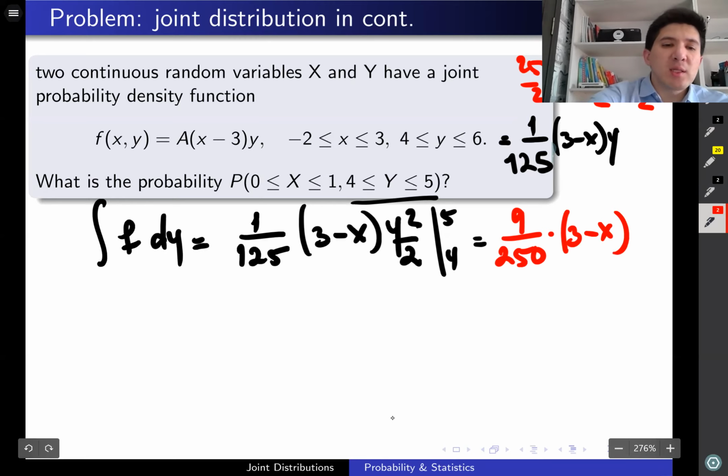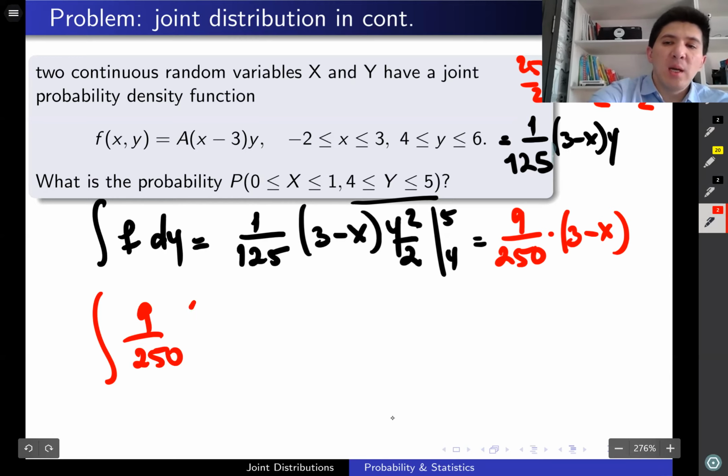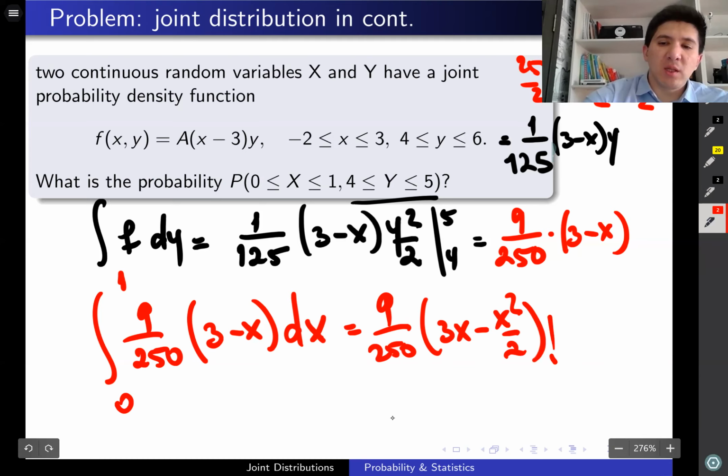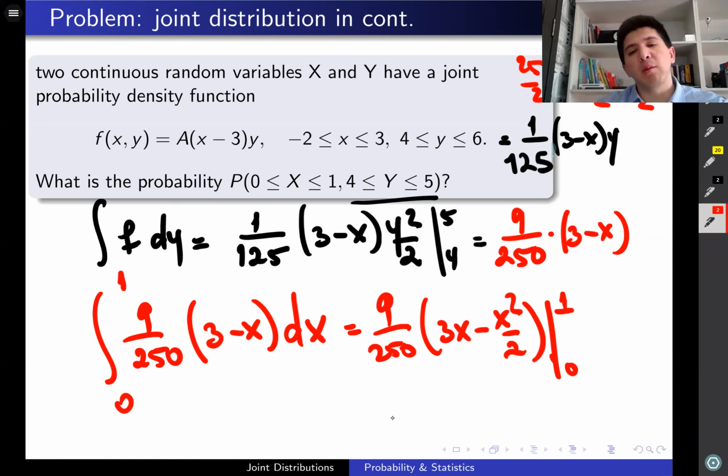So now we need to integrate this. 9 over 250 multiplied by (3 minus x) with respect to x from 0 to 1. The integration is going to give you 3x minus x squared over 2. If I substitute 0, it's simply 0, if you substitute 0 for both appearances of x.